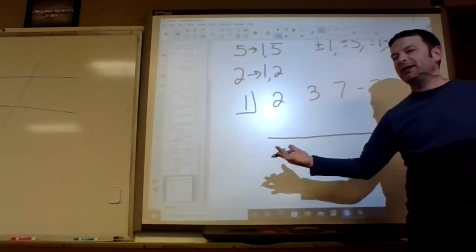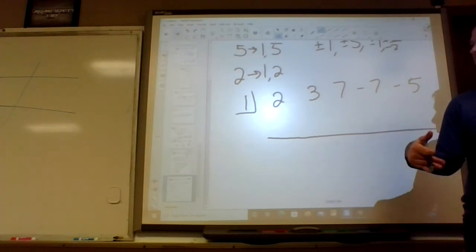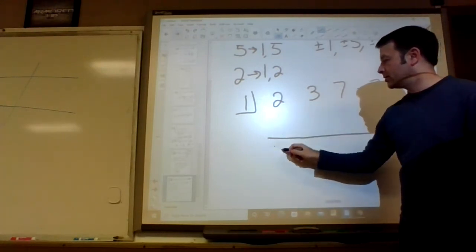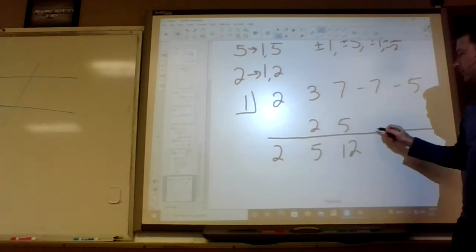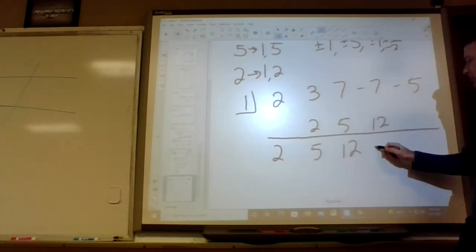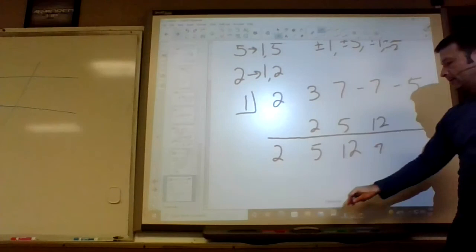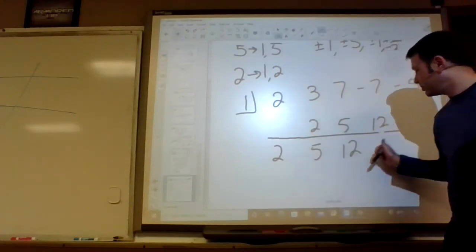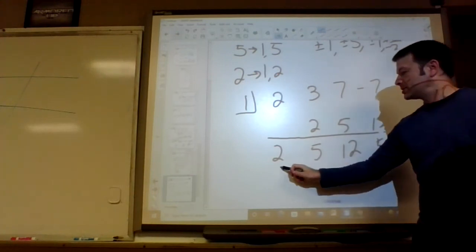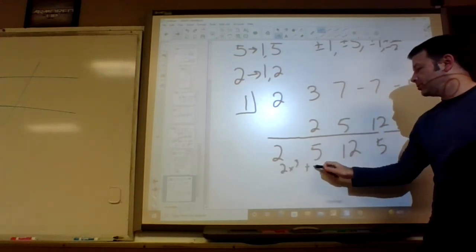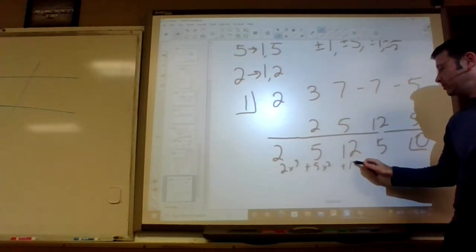If 1's an answer, x minus 1 is a root, so basically I'm dividing by x minus 1 right now. Add down, multiply up, add down, multiply up, add down, multiply up, add down. Okay, this stands for 2x cubed plus 5x squared plus 12x plus 5.